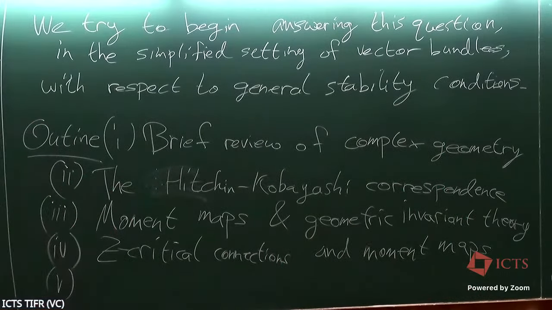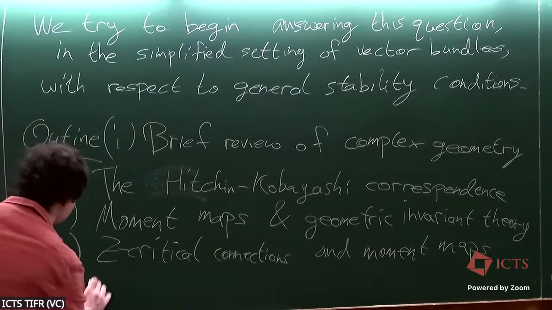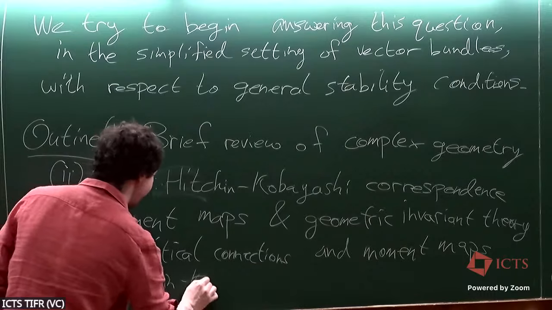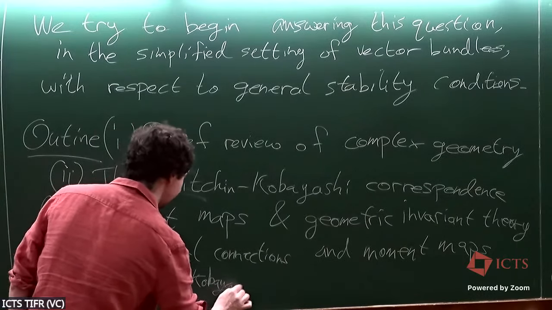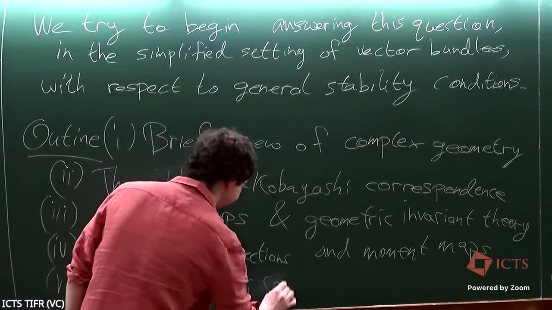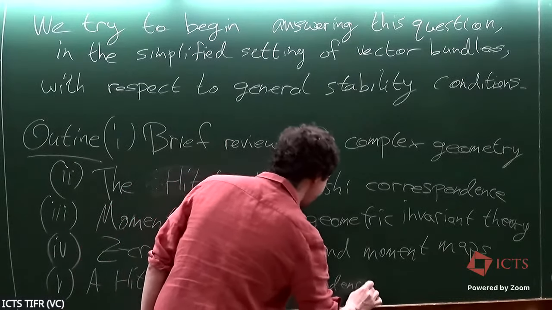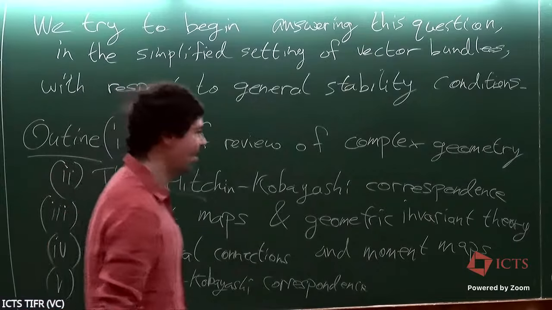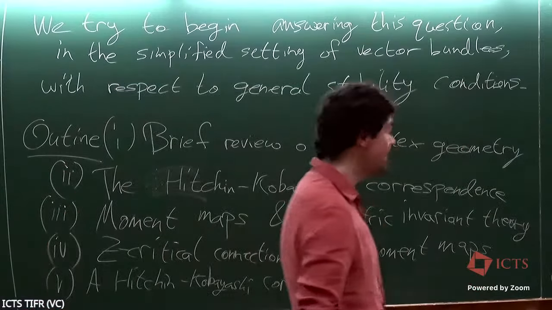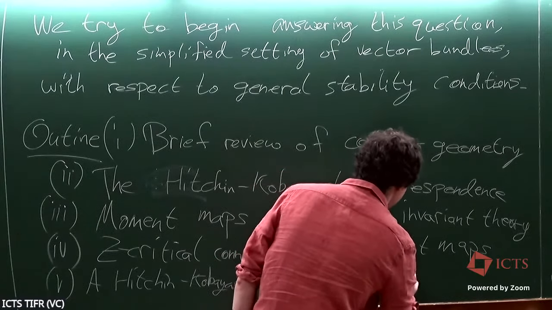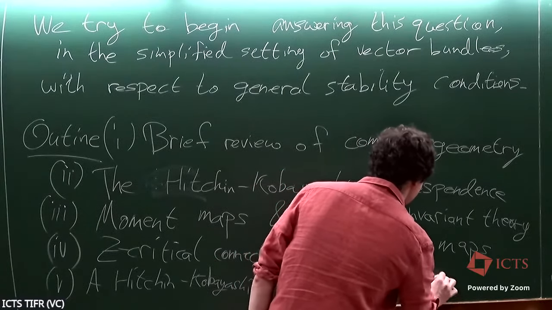And then likely lastly, I'll talk about a Hitchin-Kobayashi style correspondence for these more general geometric PDEs, a correspondence of this sort of class. Not in general, but in what I'll call the large volume regime.